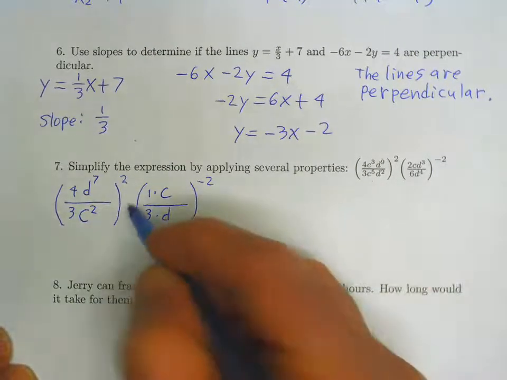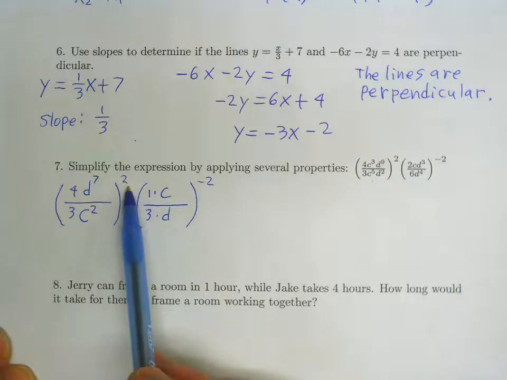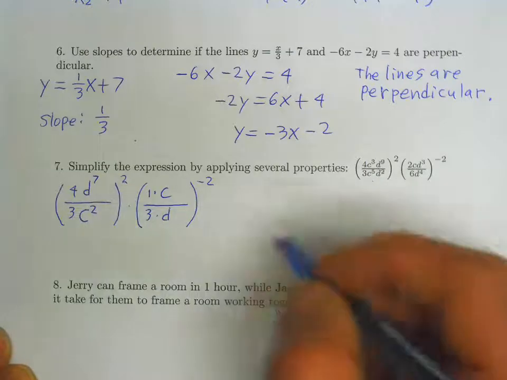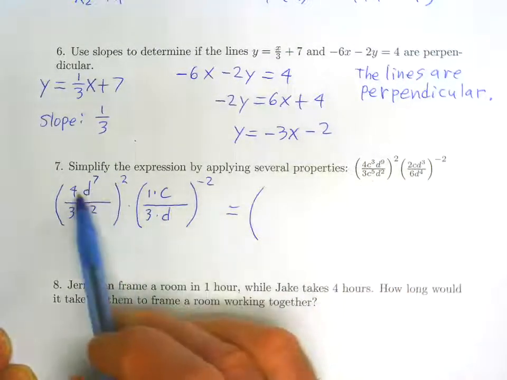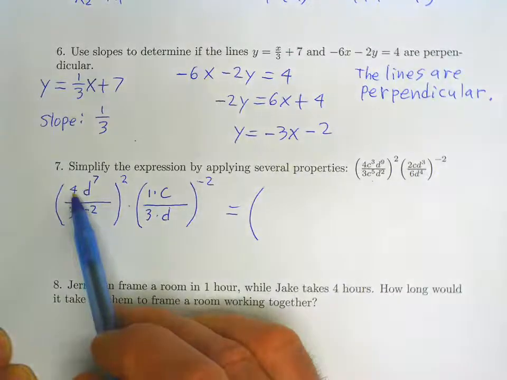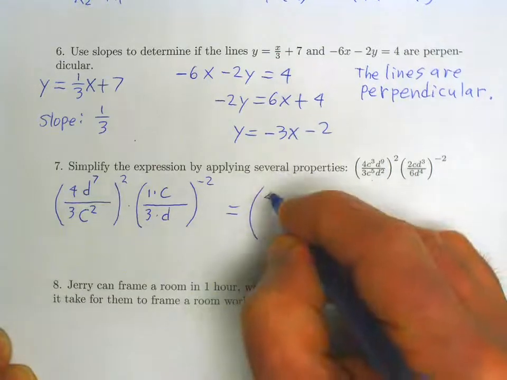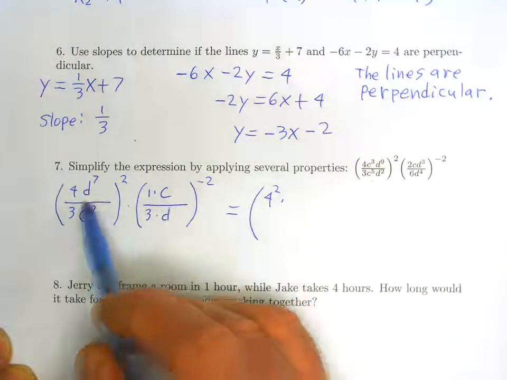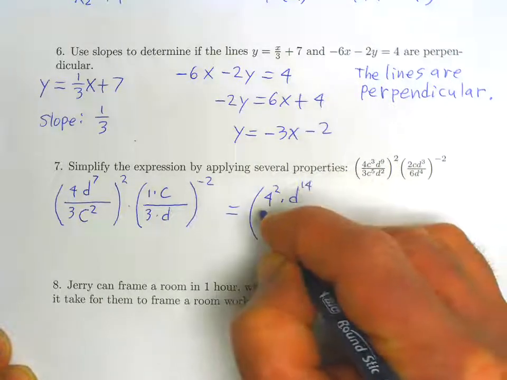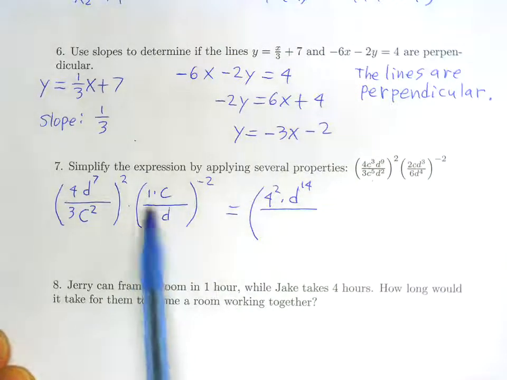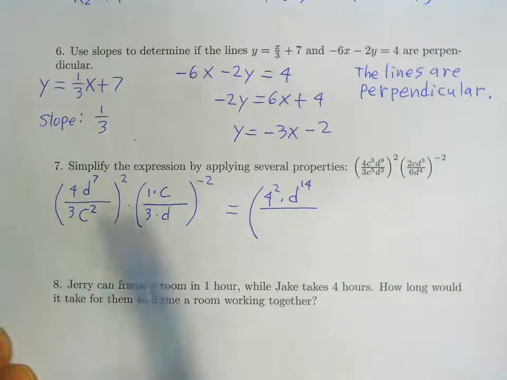Okay, the next step, we'll apply the outer exponent on this term. So this means we're going to raise 4 to the second. And then d to the 2 times 7 is d to the 14th. And then we also apply the outer exponent 2 to the factors in the denominator.